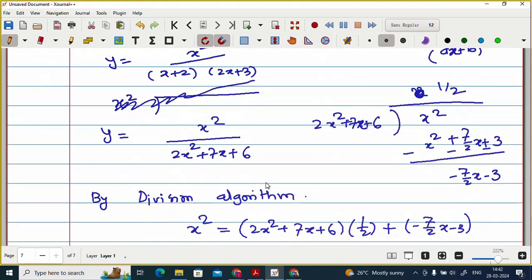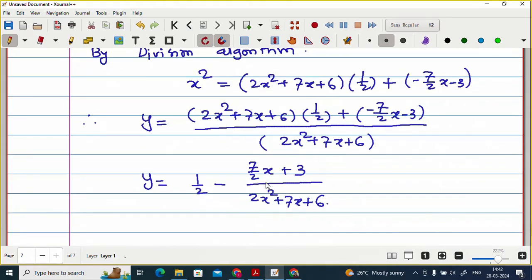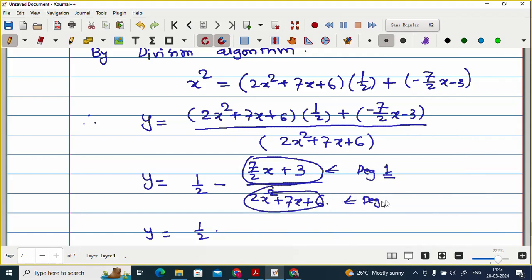Now here we have simplified that y in this format. So y is equal to 1/2 plus this. Now here if you see, this is again a rational term, but here the degree is 1, and here the degree is 2.